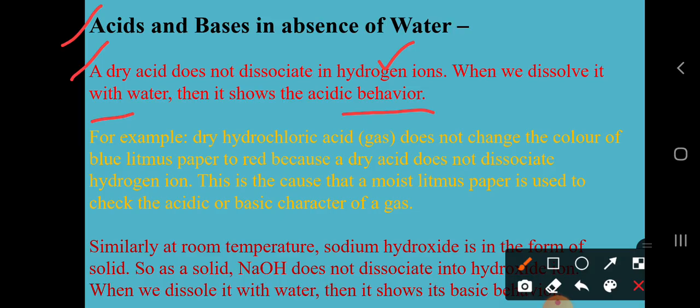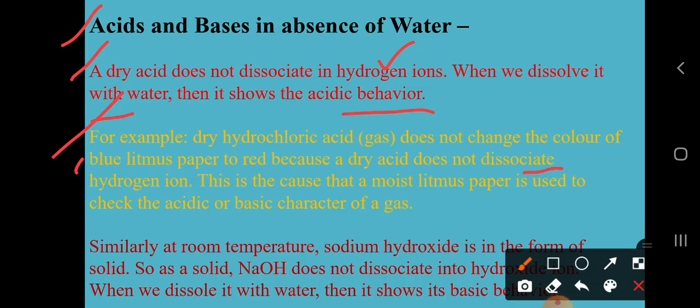So, for example, dry hydrochloric acid gas does not change the color of blue litmus paper to red because a dry acid does not dissociate. So, dear students, the question can be asked whether a dry acid is dissociated or not. Okay, so here what happens? The dry acid will not be dissociated, because for the dissociation process we need to take water.